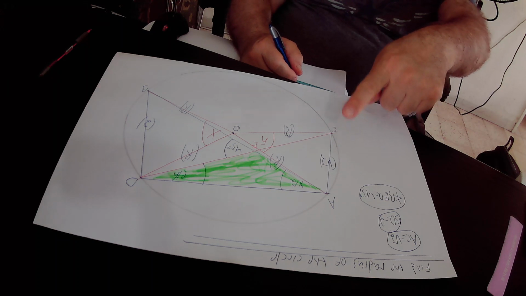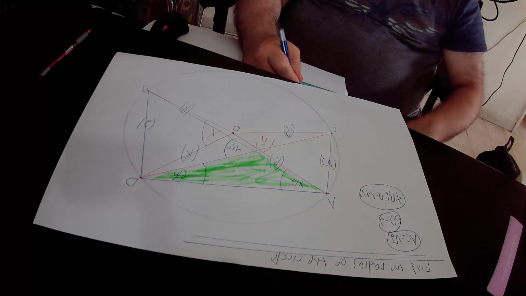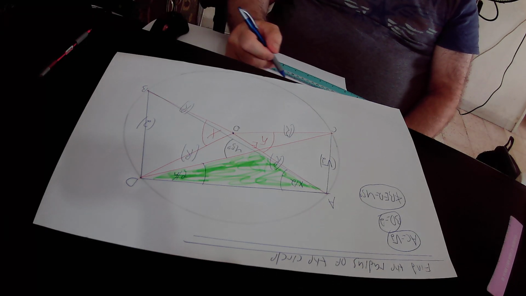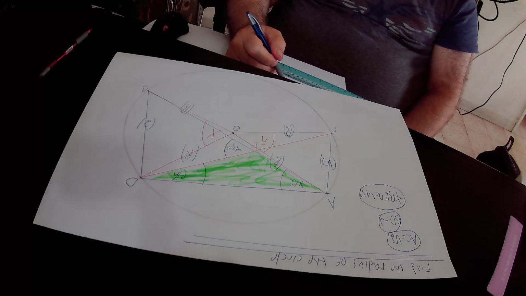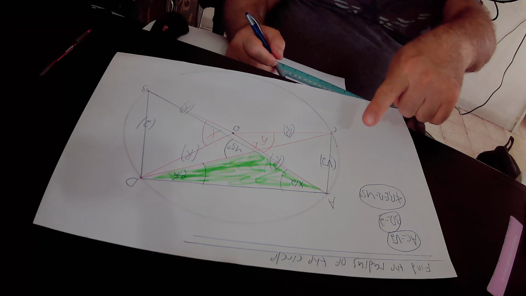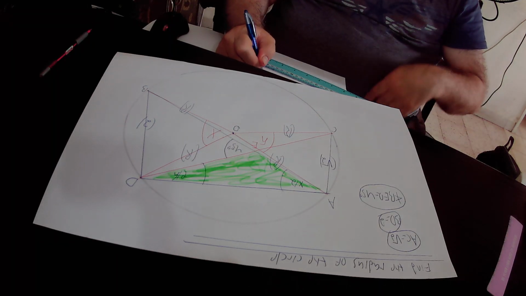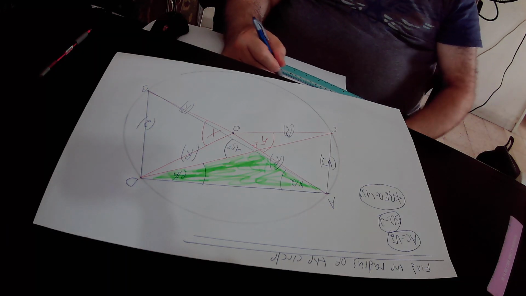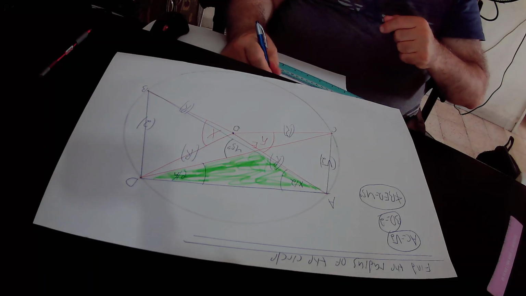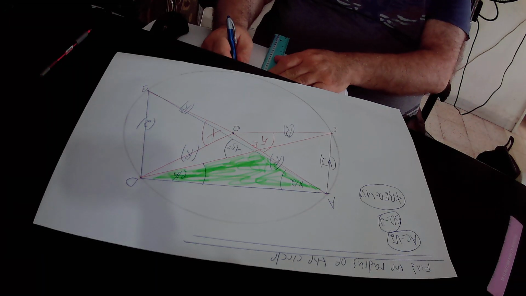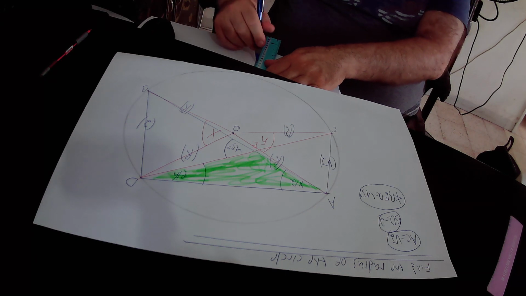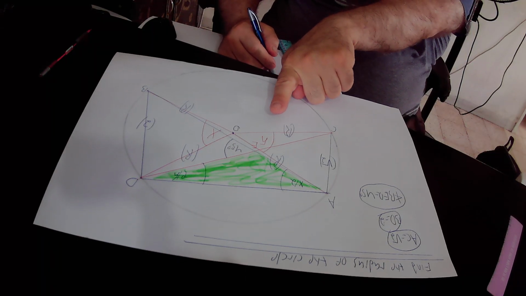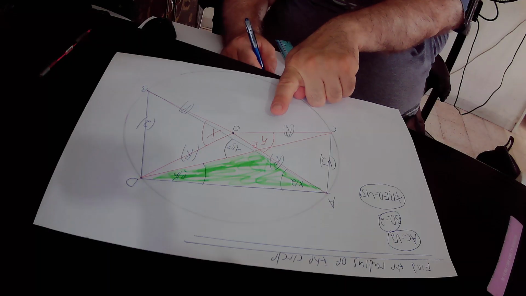Side AC equals the square root of 2 units in its name. And side OC equals R, it is the radius of the circle. Side OA also equals R. This is angle AOC. The size of angle AOC is Y.